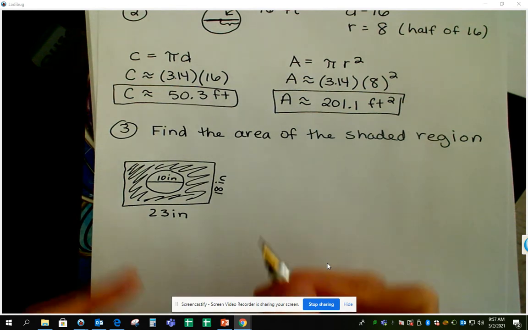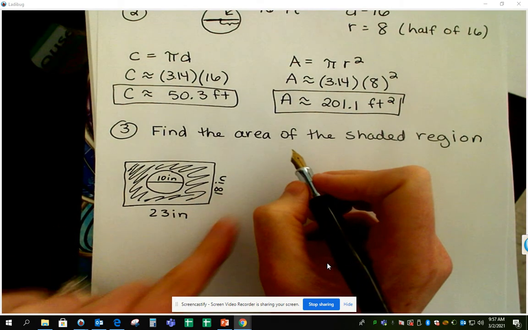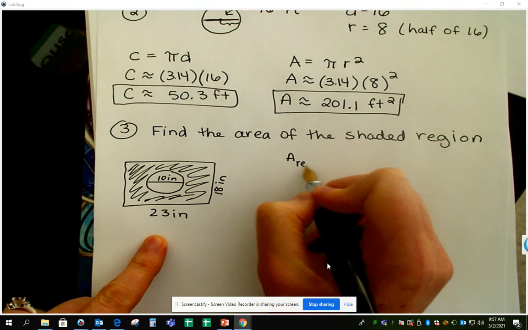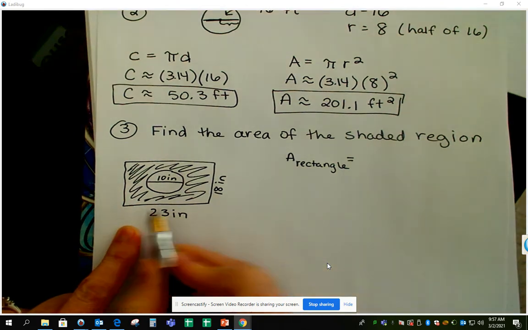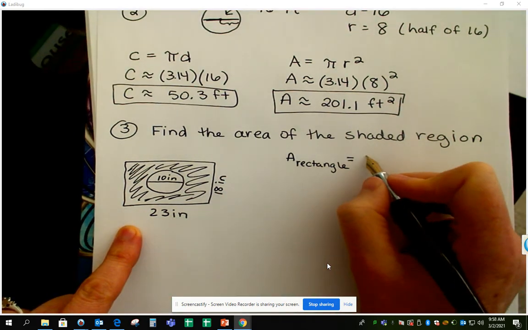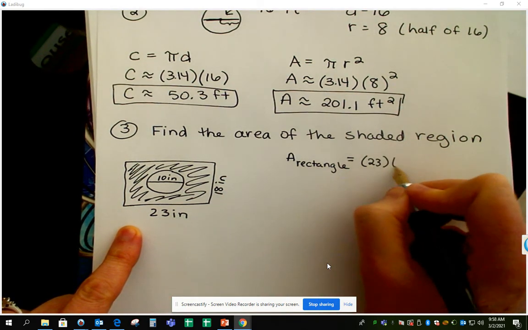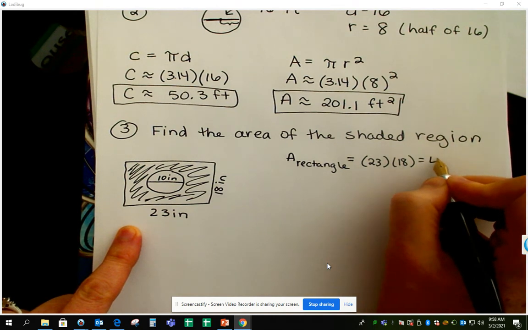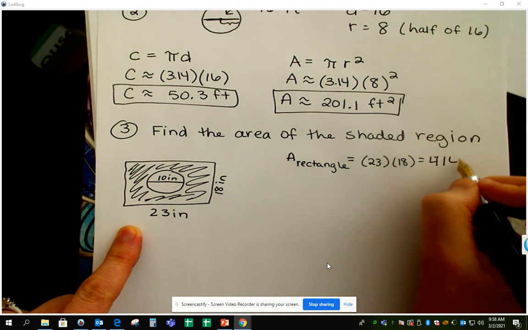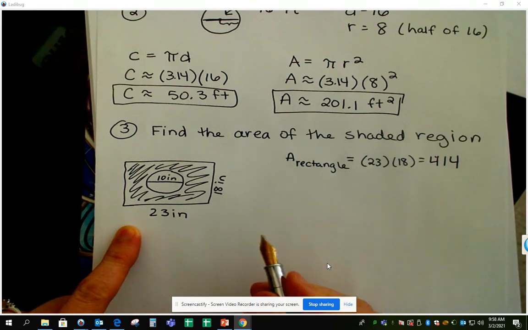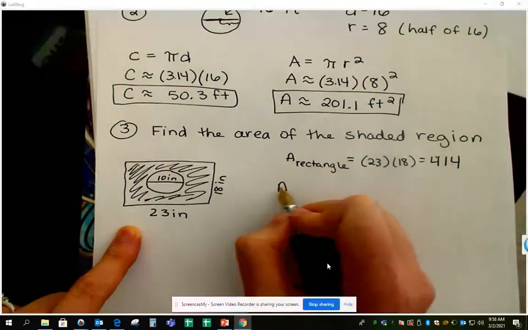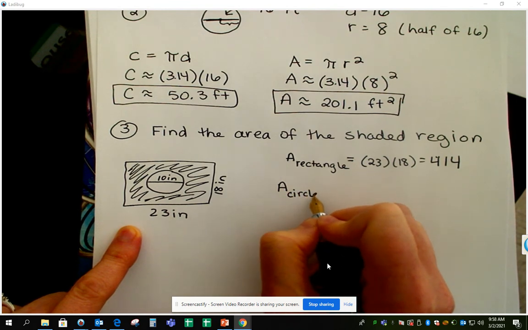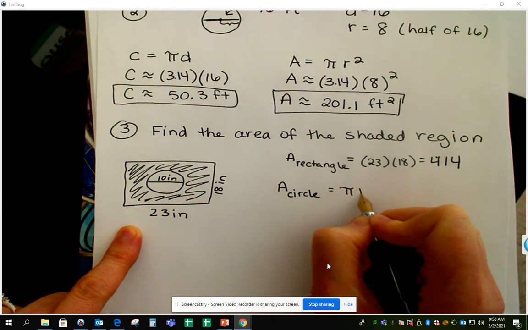I'm going to show you now. So first I'm going to find the area of just the rectangle. And remember, area is length times width. So this would be 23 times 18, which is 44. Oh, sorry, 414, excuse me. Looking at my notes funky. Now I'm going to look for the area of the circle. Remember, the general formula is pi r squared.